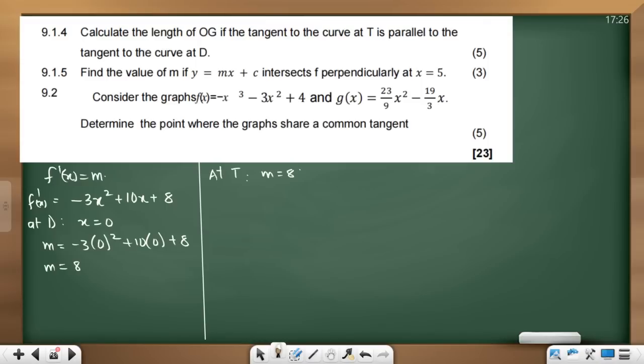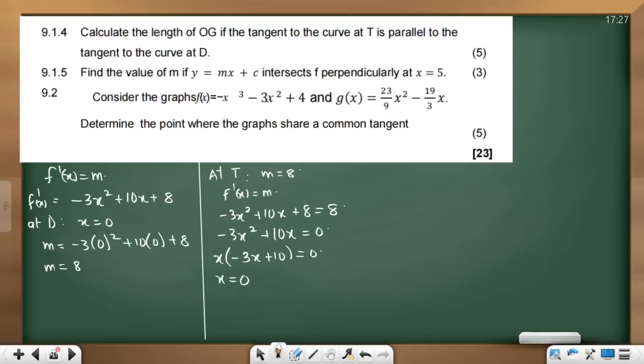So f prime of x, negative 3x squared plus 10x plus 8. Now I don't know my x value, but I know that should be 8. So negative 3x squared plus 10x equals 0. What's common? X. Negative 3x plus 10.